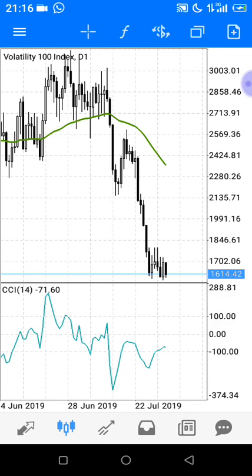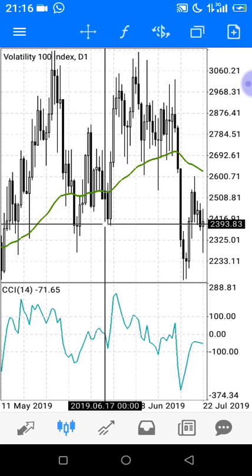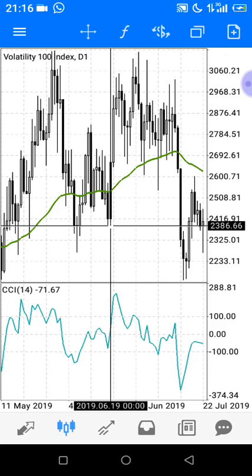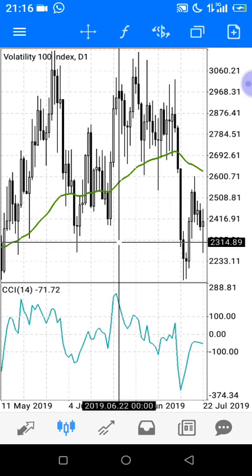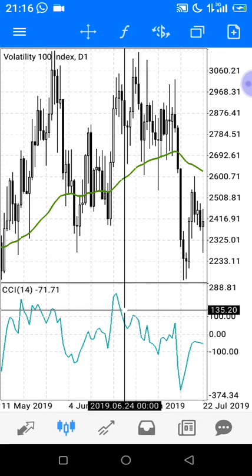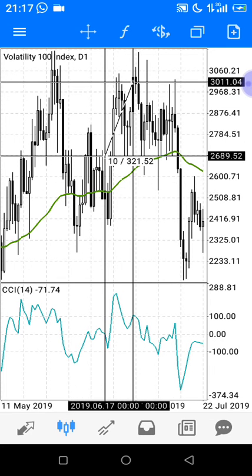So let's look where those conditions were met. Here, it was 19 June 2019. The candlestick did close above EMA 60, and the value of the Commodity Channel Index was above 100, and you can see there was a good buy.